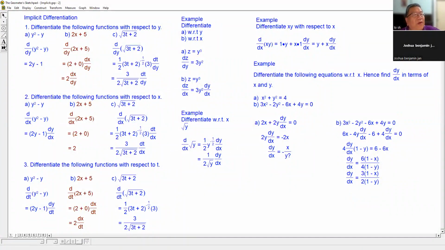Now I have written down three functions here, right? The three functions are y squared minus y, 2x plus 5, and square root of 3t plus 2.